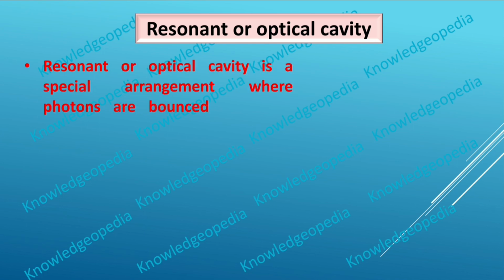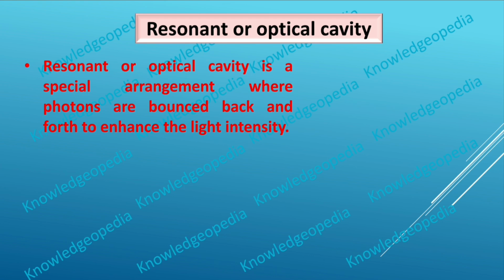This is a special arrangement where photons are bounced back and forth to enhance the light intensity, because the first condition is that the intensity of light should be high. We can obtain this by increasing the number of photons, and the arrangement through which we increase the number of photons is known as a resonant cavity or optical cavity.